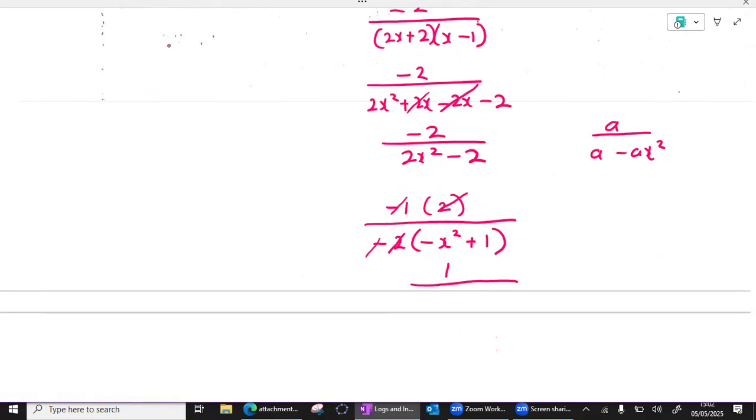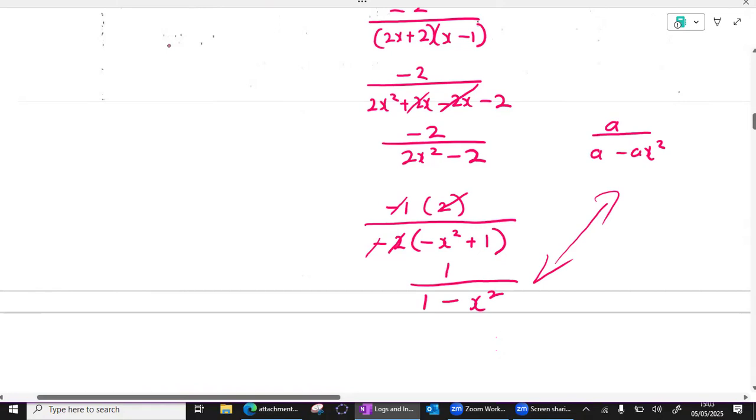So that's 1 over 1 minus x squared. Yeah, so that's our answer. So in other words, a is actually 1. Because the minus 2's cancel, we're left with minus x squared plus 1. When I rearrange that to look like the other, you can see that a is in fact 1.